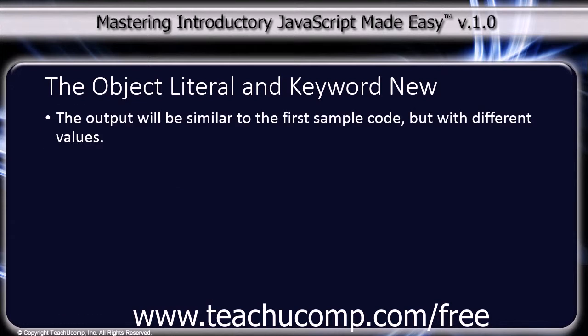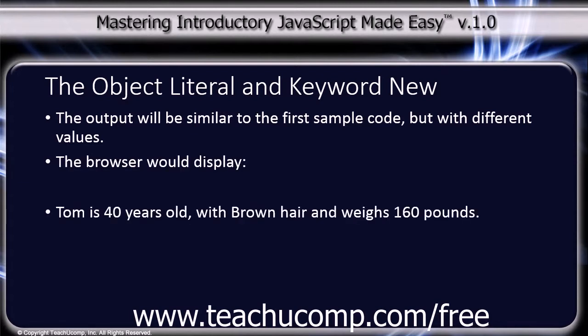The output will be similar to the first sample code, but with different values. The browser would display, Tom is 40 years old with brown hair and weighs 160 pounds.